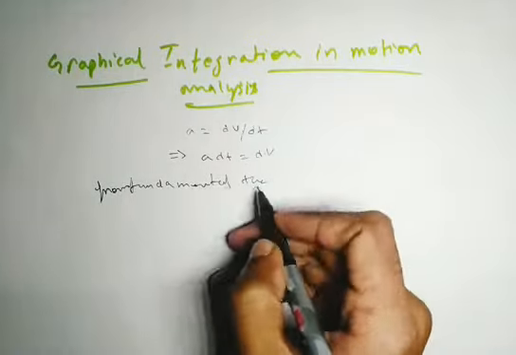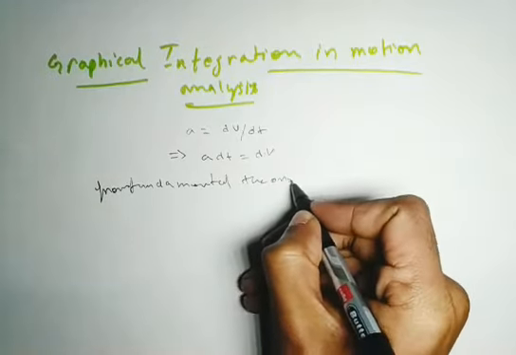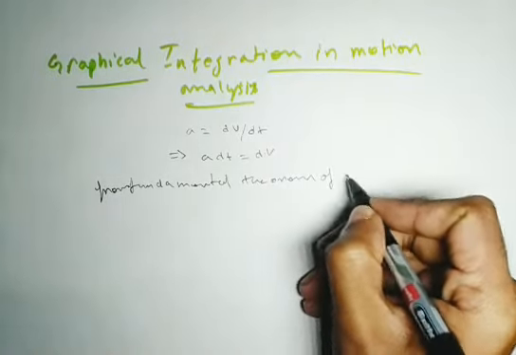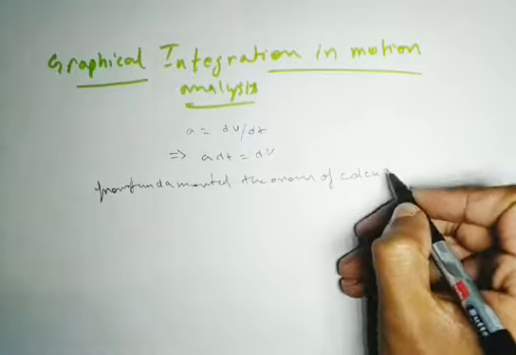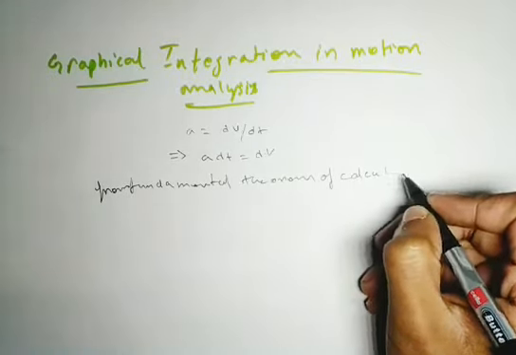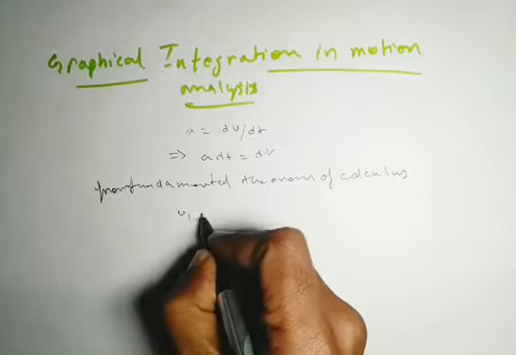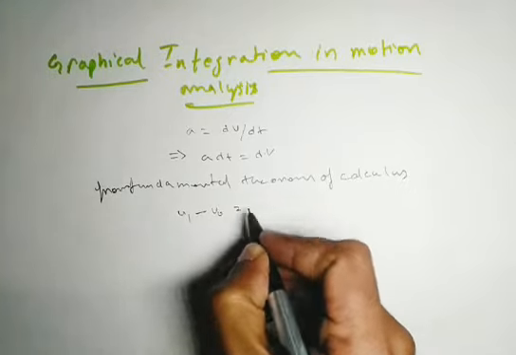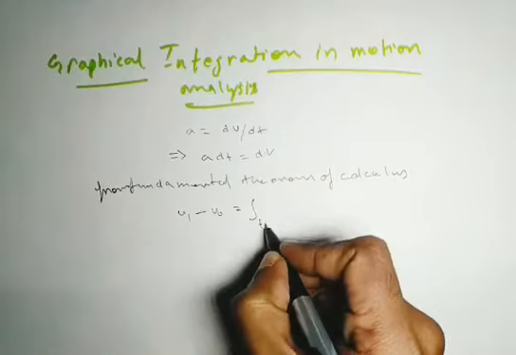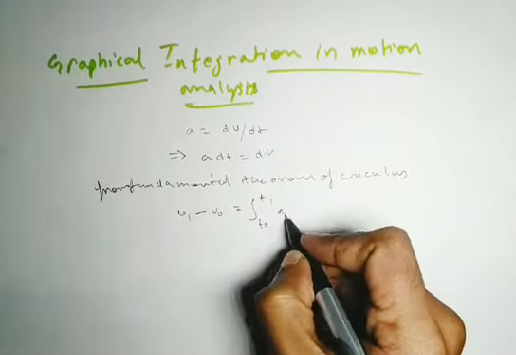from the fundamental theorem of calculus, we can write v1 minus v0 equal to the integral from t0 to t1 of a dt.